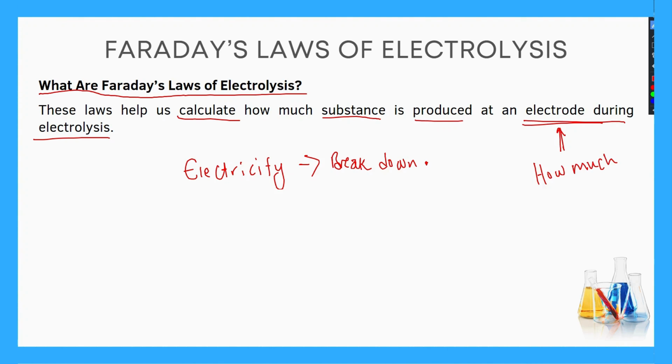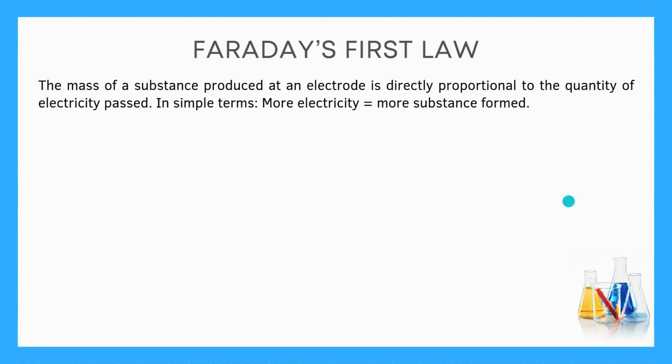Now, that brings us to Faraday's first law of electrolysis. That law states that the mass of a substance produced at an electrode is directly proportional to the quantity of electricity passed.